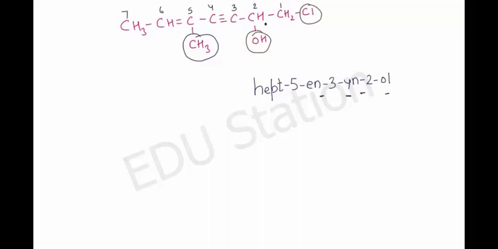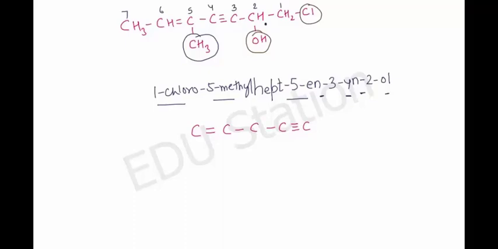Now we have 1 chloro, 5 methyl. If your name only contains double and triple bond, like something like this, you have C double bond C, C, C, triple bond C. If this has to be named, among double and triple bond, double is preferred.